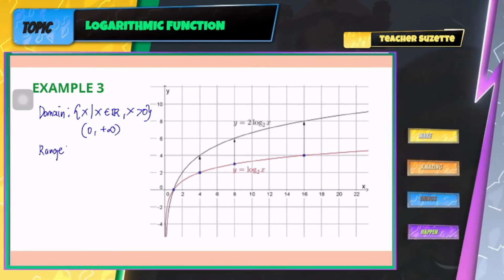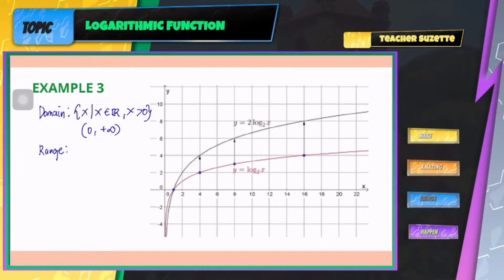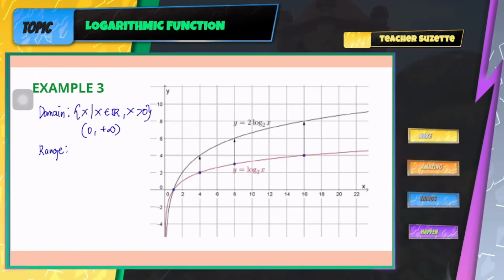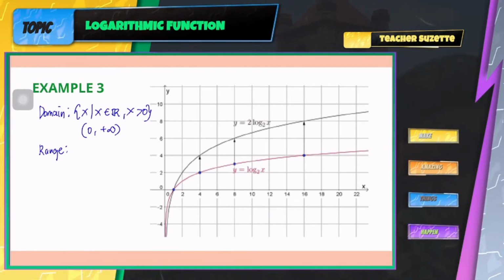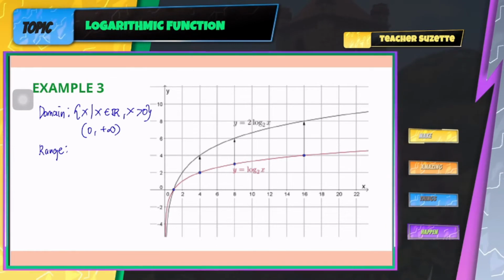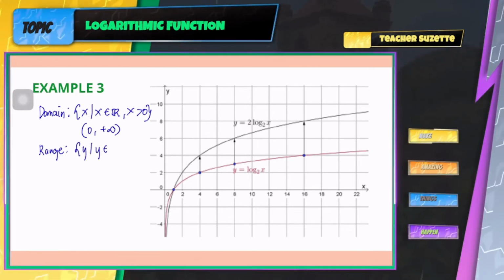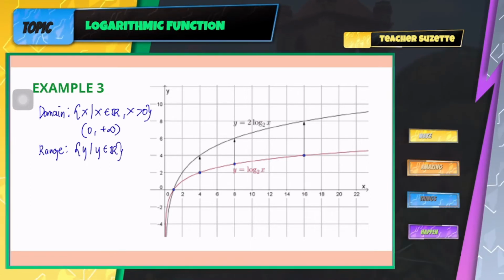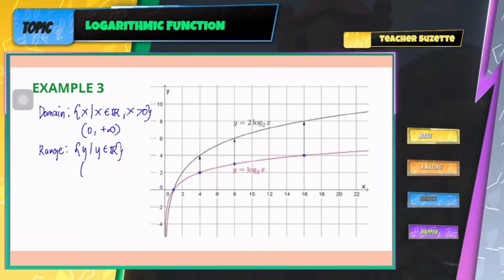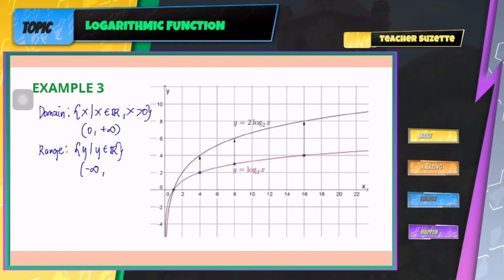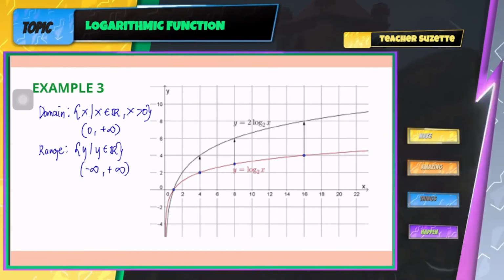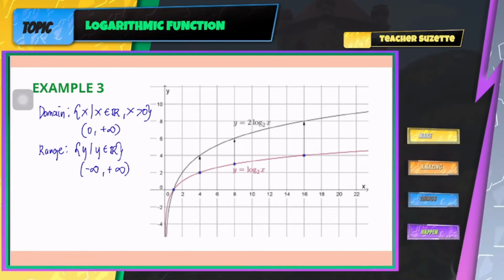Next, for the range, so range is the y values of our function kapag nag-substitute tayo ng ating domain or ng ating values of x. Obviously, mapapansin nyo, positive, negative, meron namang value ng y. So, therefore, y is an element of a real number. That is negative infinity to positive infinity pag in-express natin into an interval form.